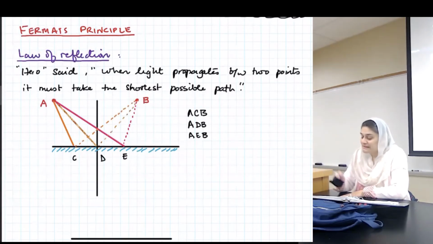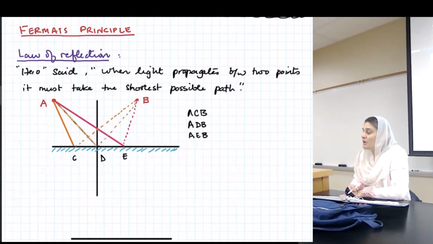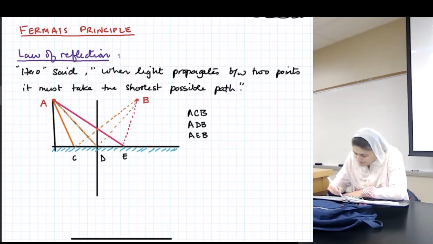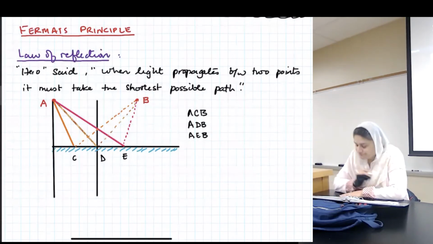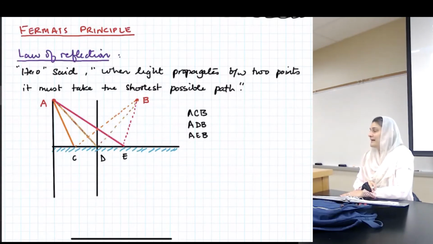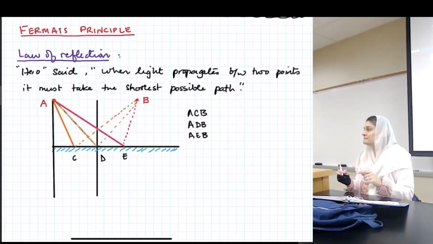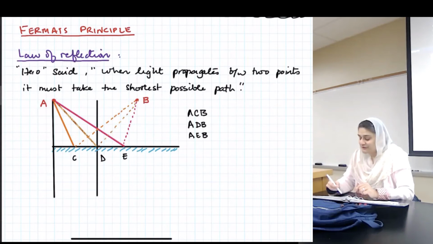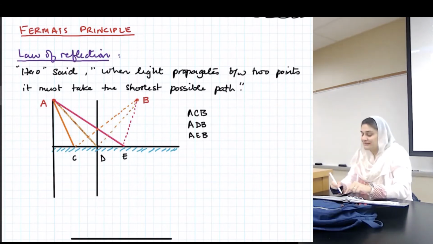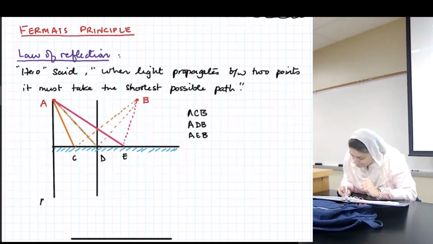If light did not have this reflecting surface in the middle, what path will light take? Is this the path light will take? So there's no reflecting surface. The source is at A. Light takes this path from A to A prime, say.